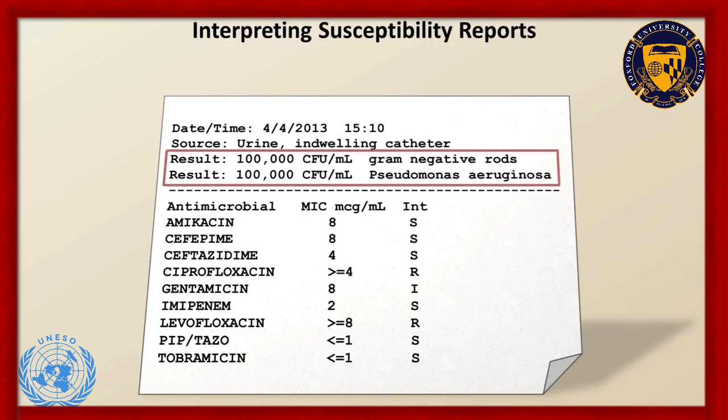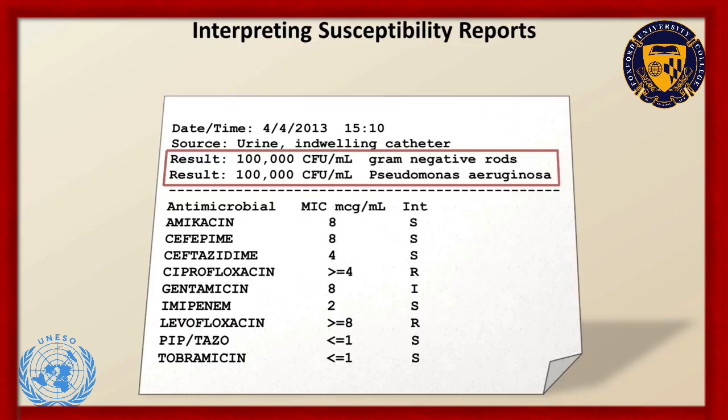The first line indicates the first information that was released from the lab, with the second line indicating a refinement in the initial information. For example, in this case, if the urine was collected on April 4th, the lab would likely have known about the presence of gram-negative rods on April 5th and would have released that information to the clinicians at that time. By April 6th, enough additional testing would have been done to further identify those gram-negative rods as Pseudomonas.